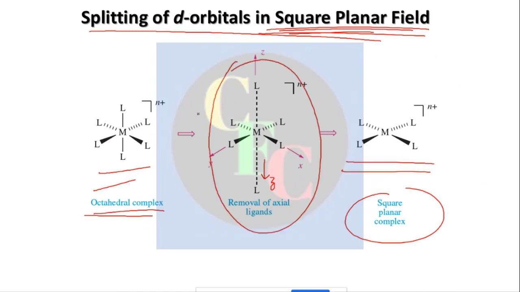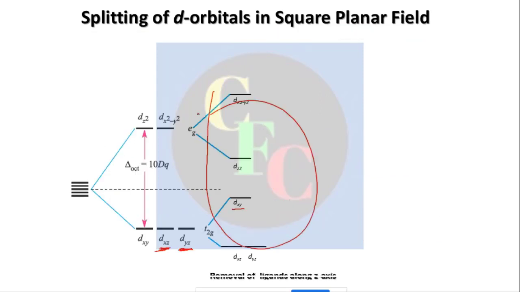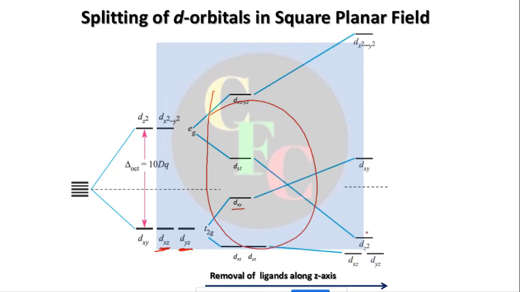This situation is where you are removing the ligands, but the ligands are not totally removed. Now if you completely remove them, this is the ultimate case. What happens? The z square goes down even below the xy, and this x square minus y square goes even higher, and the orbitals with components of z, that is xz and yz, also go down.